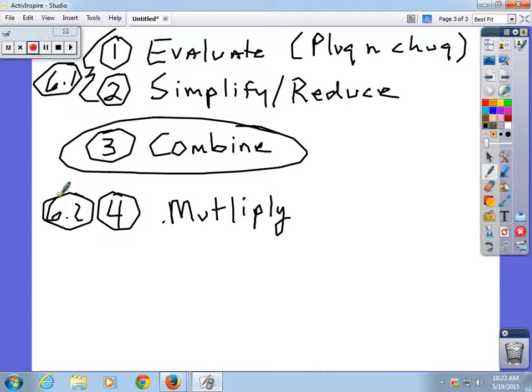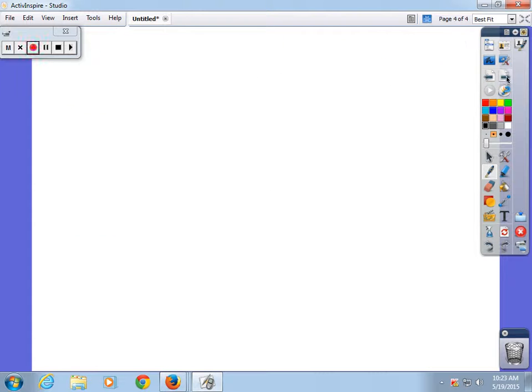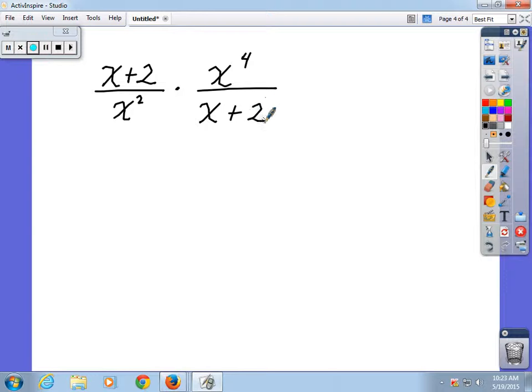So, let's look at something that you might see. x plus 2 over x squared times x to the 4th over x plus 2. Now, one thing that I tell students, when in doubt, write it out.